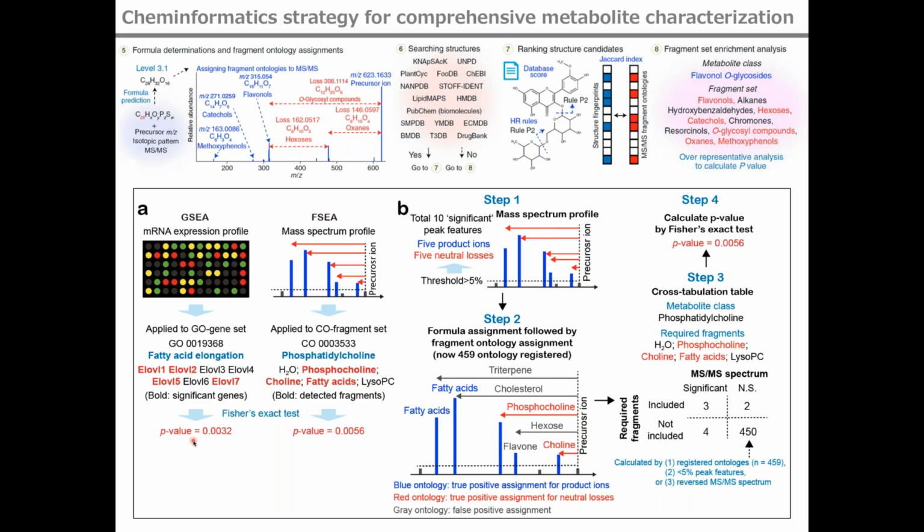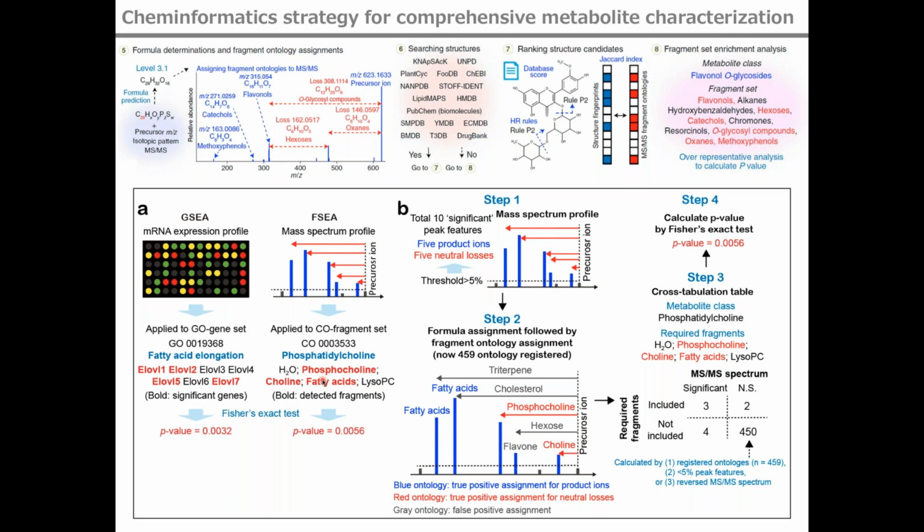I translated this idea to metabolite ontology estimation. For example, if an unknown spectrum contains 3 fragments which are involved in the annotation of phosphatidylcholine, the p-value is estimated by Fisher's exact test with consideration of the total spectrum count.